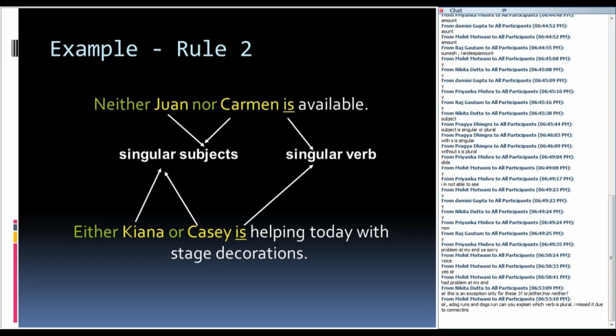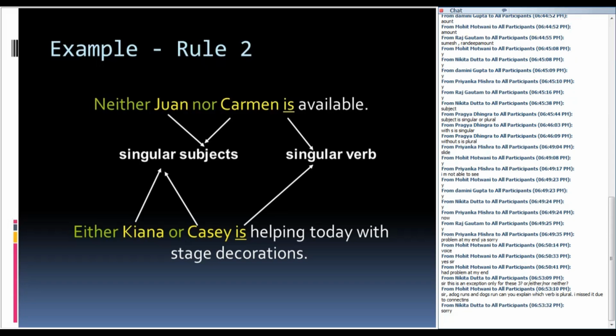Nikita, this is an exception only for these three. This is not an exception, Nikita. This is the rule.